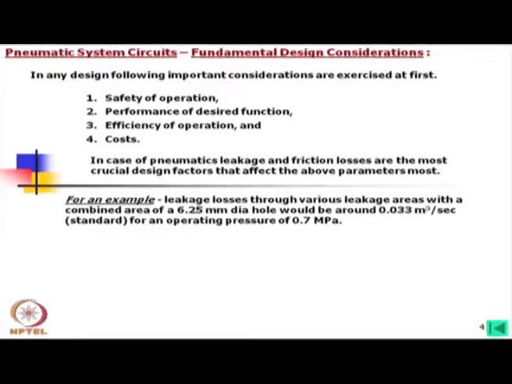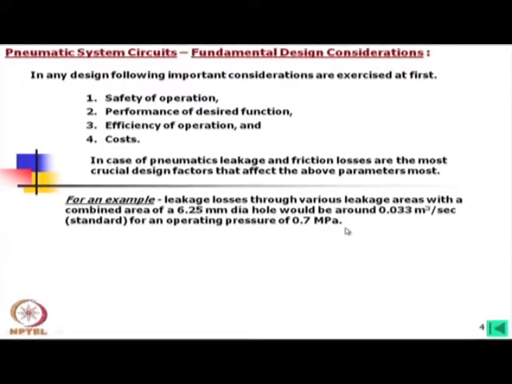Again, if we consider the coefficient of discharge through these orifices or whatever leakage passage, maybe capillary, then these coefficients will be different, but roughly we can say this loss will be around 0.033 meter cube per second of standard air, for an operating pressure of 0.7 megapascal.